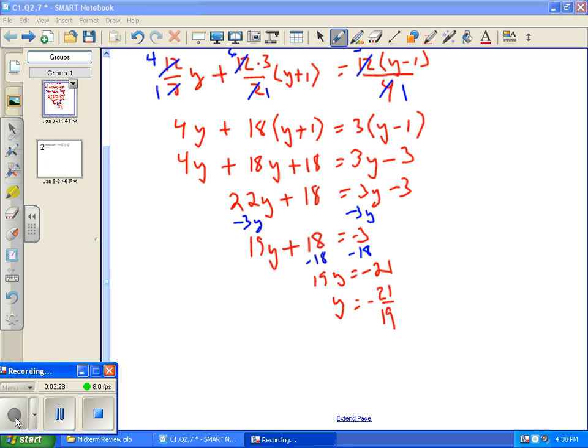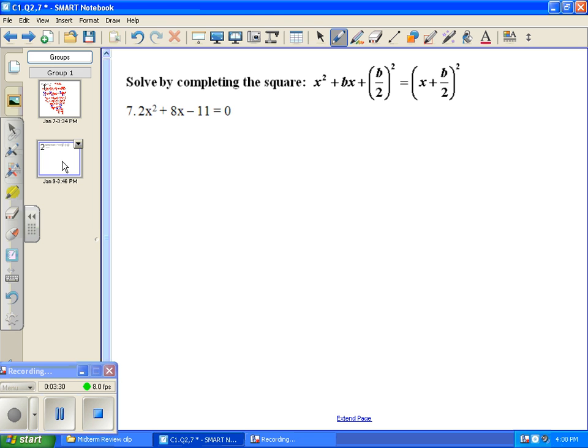So let's go on to the next problem, which is a completing the square problem. The first thing we want to do is move the negative 11 to the other side, so we're going to add 11 to both sides. That gives us 2x squared plus 8x equals 11.